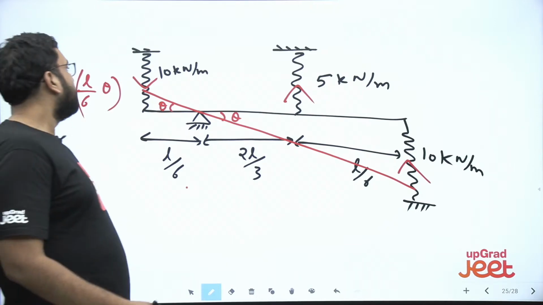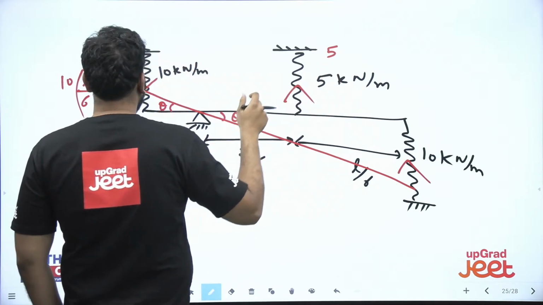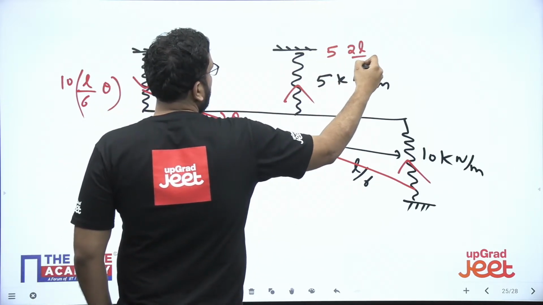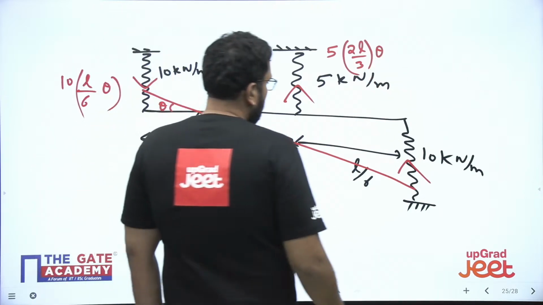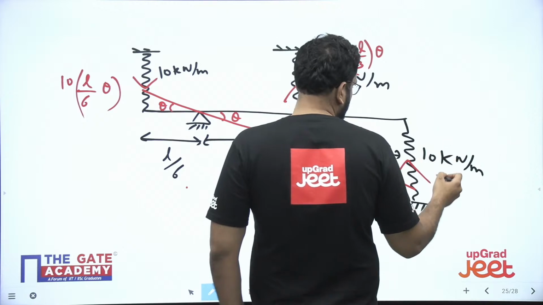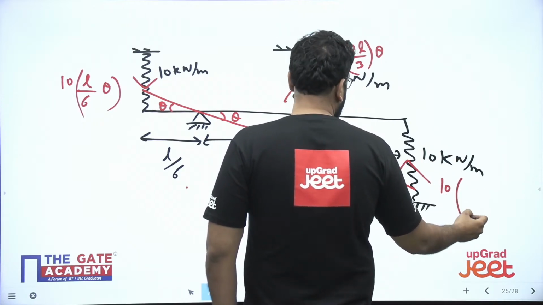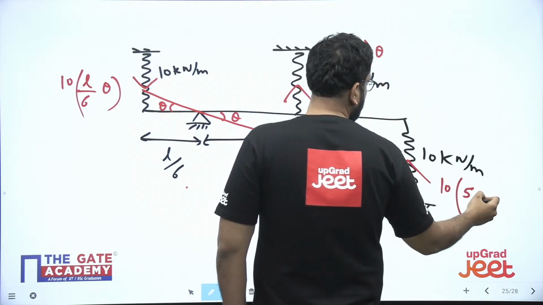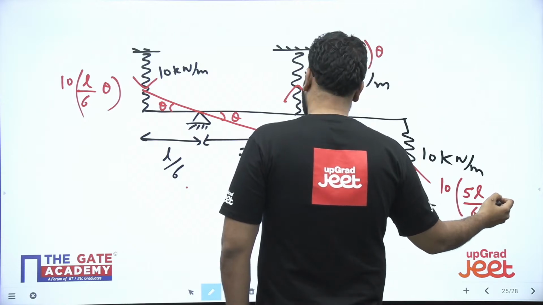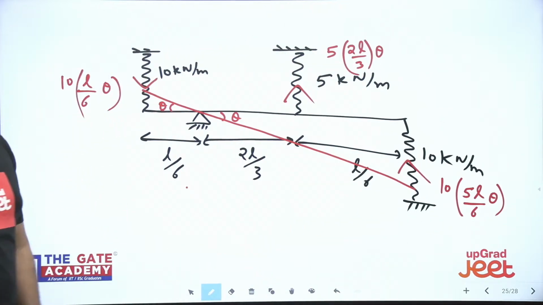Then this is going to be 5 into 2L by 3 into theta, and this is going to be 10 into 2L by 3 plus L by 6, so it is going to be 5L by 6 theta. Yes or no? These are the forces. Is it fine to everyone?